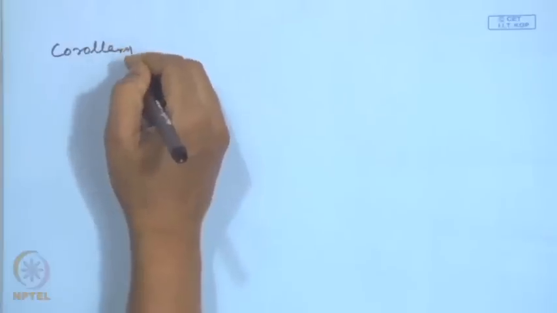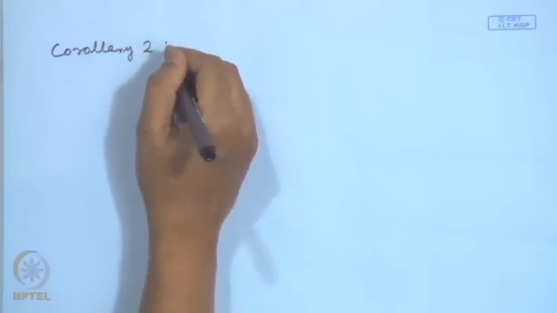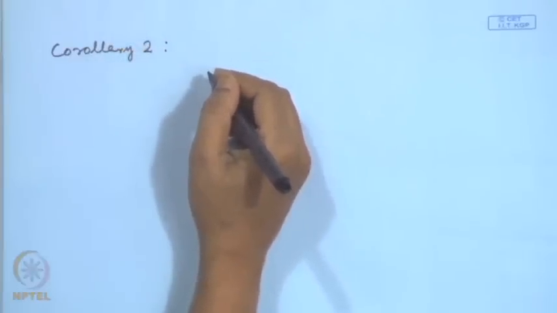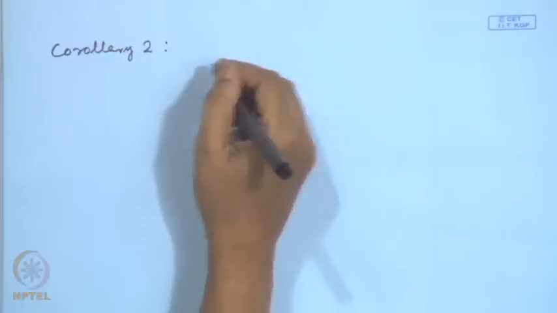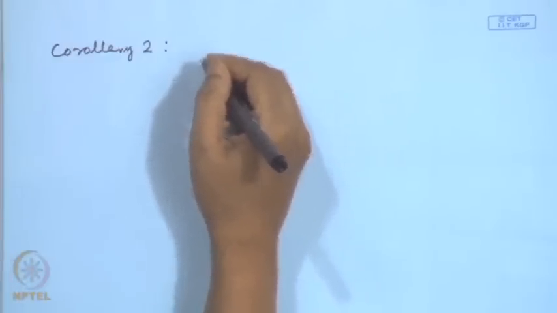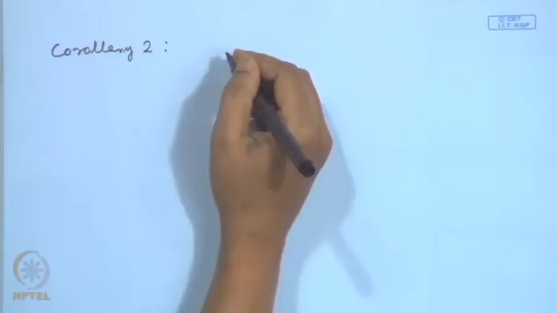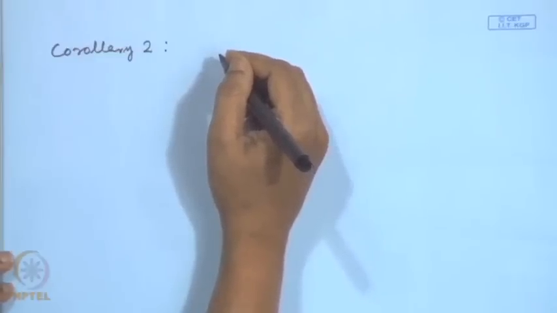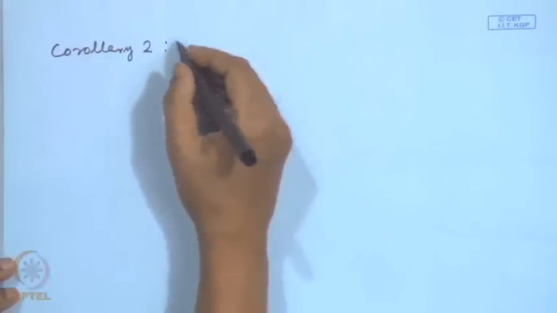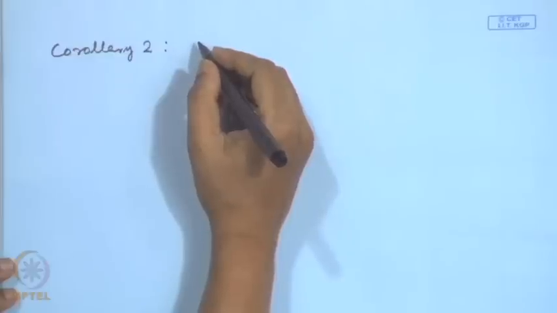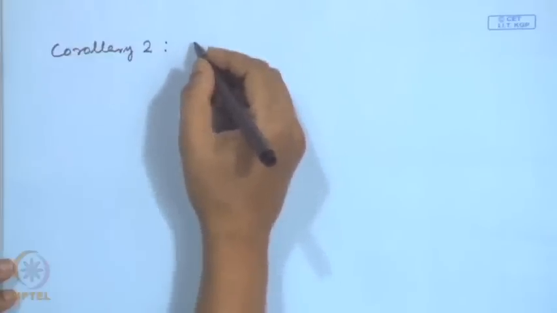So, next we will have another consequence, that is corollary 2. This says that if we have a finite dimensional inner product space with dimension n, then at the most how many orthogonal vectors can we have? The answer is obviously at the most n.